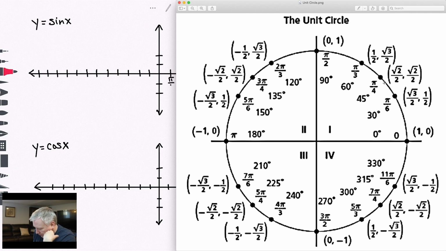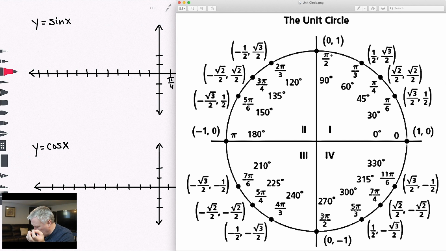of input. And then if I go in that pattern, that was halfway, or 45 degrees if we're using degrees, then if I go in the same amount again, I'm up at the top at 90 degrees, or pi over 2. And what I'm going to notice is, okay, pi over 2, that's half a pi, which means that every 2 tick marks is half a pi. That means every 4 is a full pi.